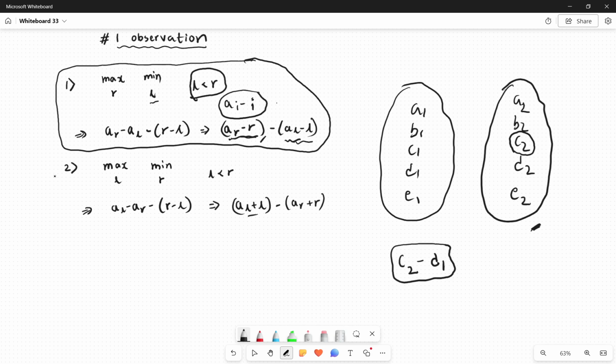If I consider the second case, then my left node is contributing firstly. The first argument of my subtraction is coming from the left node, so I want to maximize that, so I will take a1, and I want to minimize the other term, so I will take b2 from here. So another candidate for my answer is a1 minus b2.